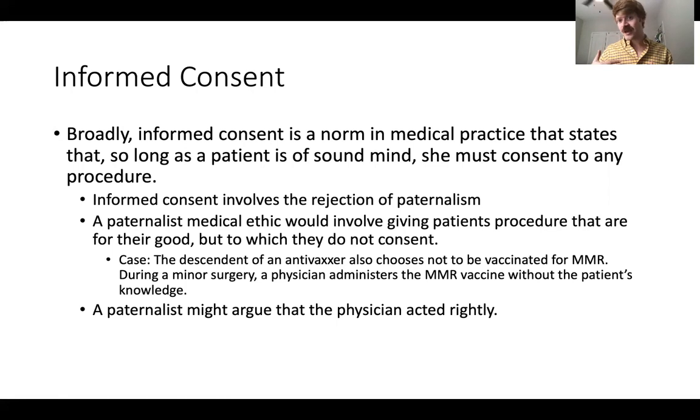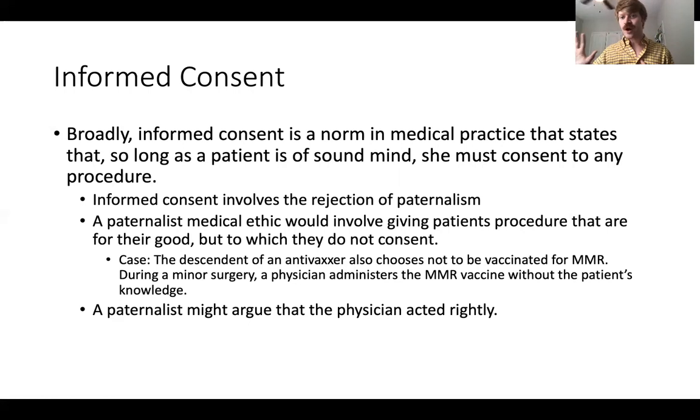It may well be the case that they never will know, but still they've been benefited, as they will not get measles or mumps now. So a paternalist could argue that this kind of practice is justified, because it's good for the individual to have the MMR vaccine. Their consent doesn't matter.